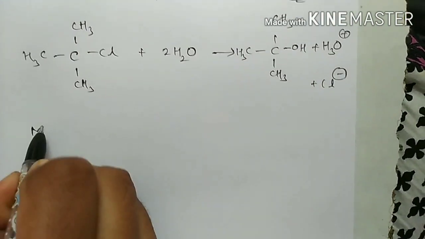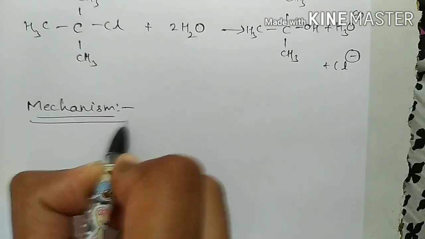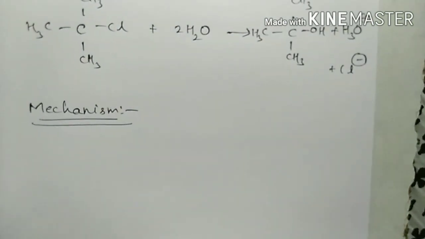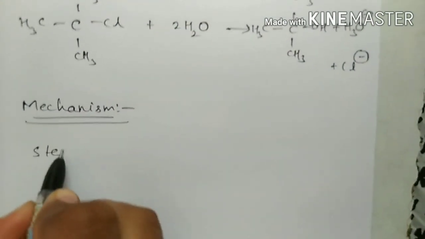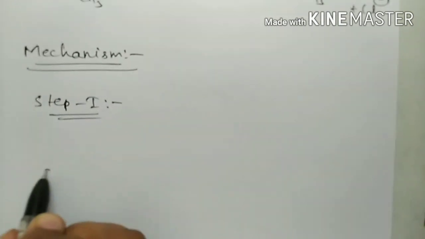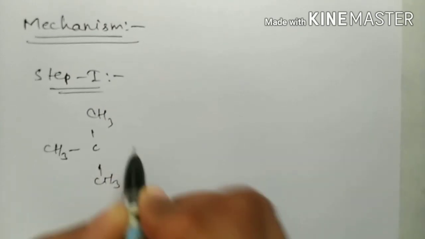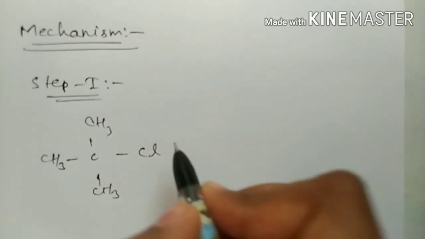Now let us see the mechanism of this reaction. The mechanism includes 3 steps. In step 1, a carbocation is formed. So this is tertiary butyl chloride.